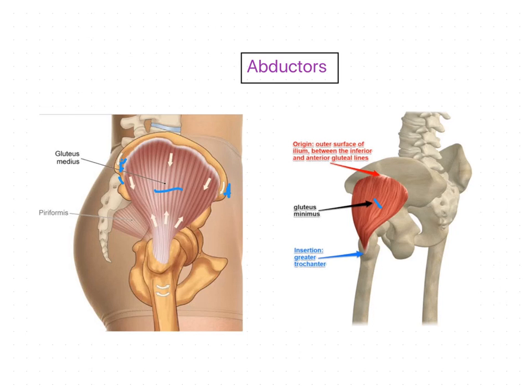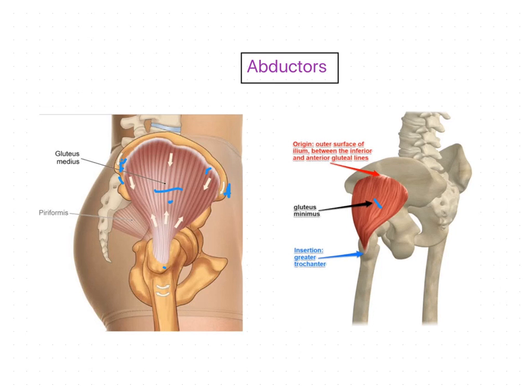The gluteus medius lies deep to the gluteus maximus. It originates on the lateral surface of the wing of the ilium and is inserted into the greater trochanter. The gluteus medius has anterior, middle and posterior parts, the same as the deltoid in the glenohumeral joint.